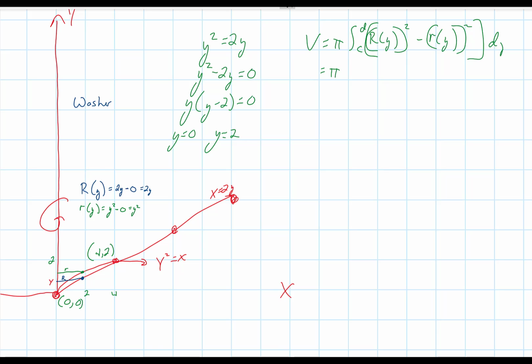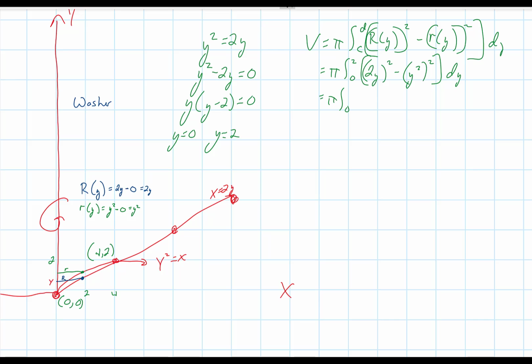So subbing in everything we know, the volume is equal to pi integral from 0 to 2 of our big radius, 2y squared, minus our little radius, y squared, dy.